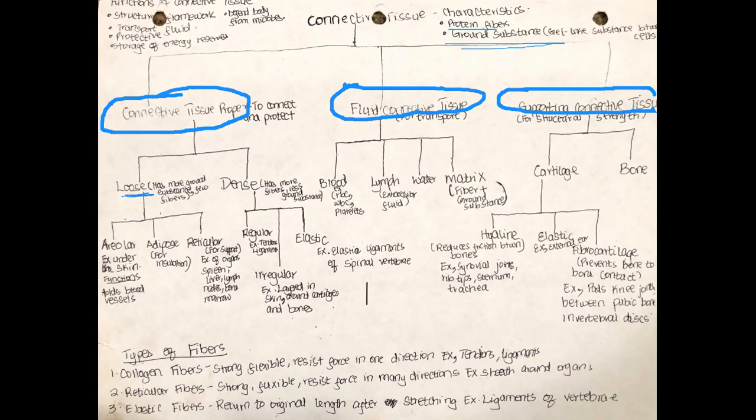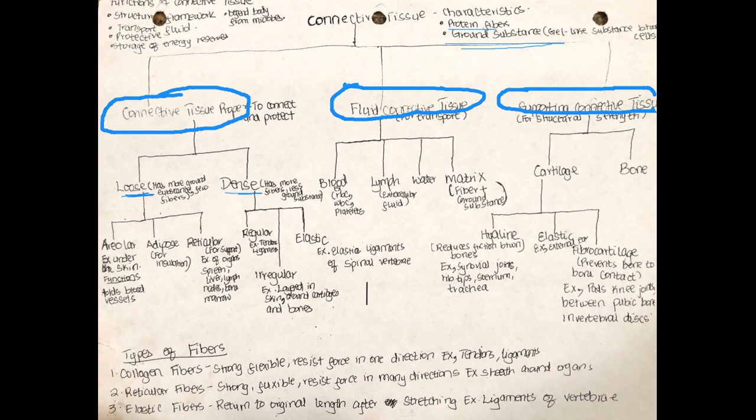If it's a dense connective tissue, then it will have a lot of these protein fibers. The loose connective tissue is going to be subdivided. This is where you need to know these subdivisions. Make sure you are able to remember them.